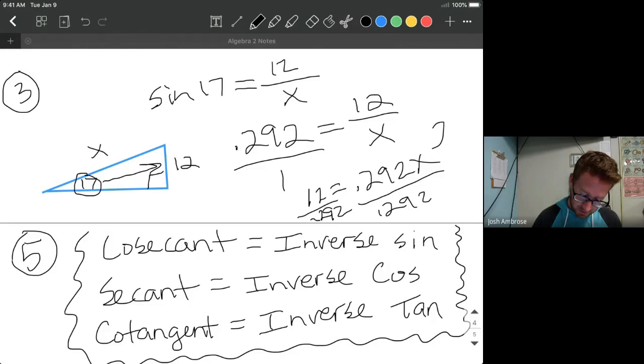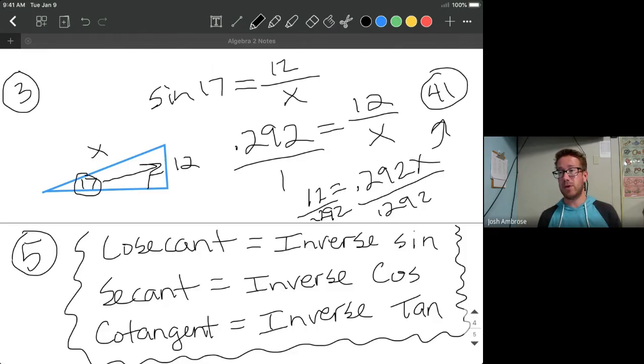All right, and let's get our answer. So we're going to have 12 divided, and that gets you approximately 41. All right, approximately 41.